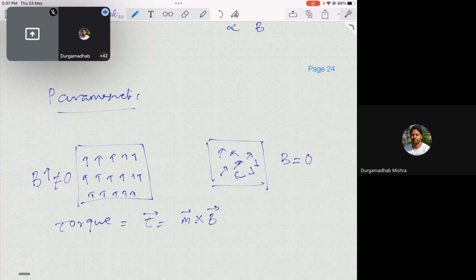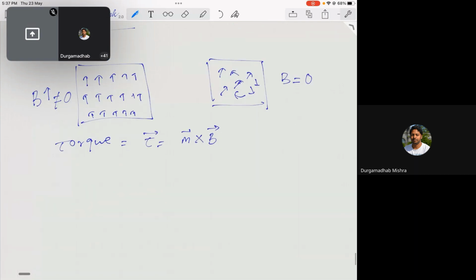But this torque does not bring the dipole moment instantaneously to align along the magnetic field. What it does is, because the magnetic moment is associated with the angular momentum, it will always precess first around the magnetic field.